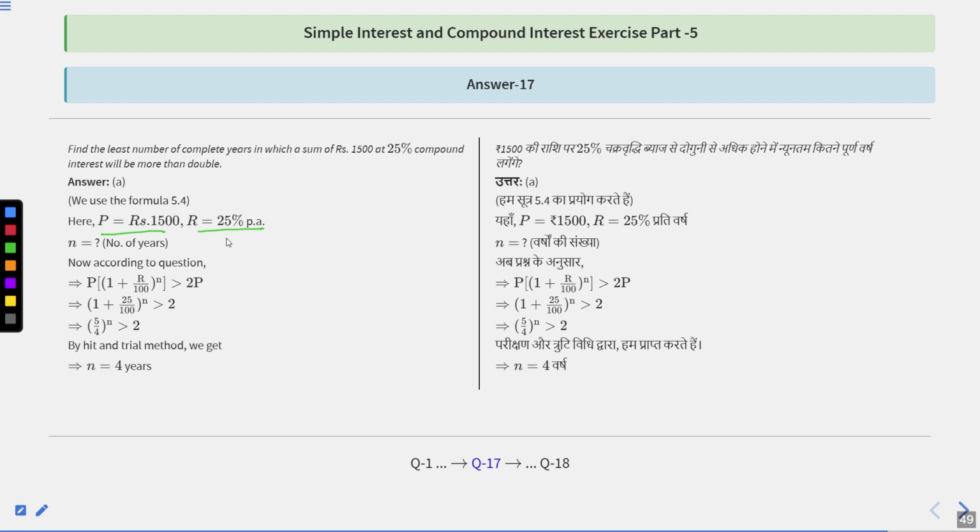The question asks in how much time this amount, when compounded, will become more than 2P. So we can write it as P into (1 plus r upon 100) to the power n, which is greater than 2P. When we calculate, we get (5 upon 4) to the power n is greater than 2. By the hit and trial method, we get n equals 4. So A is the correct answer.